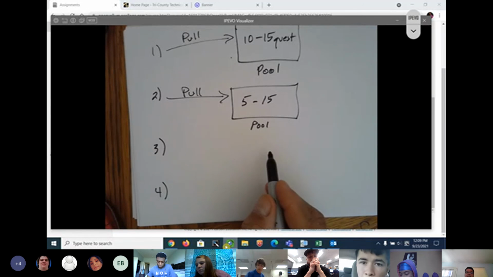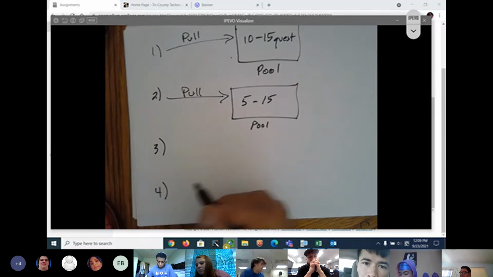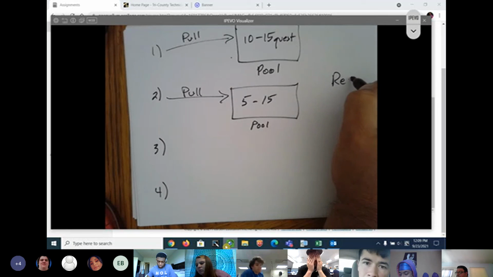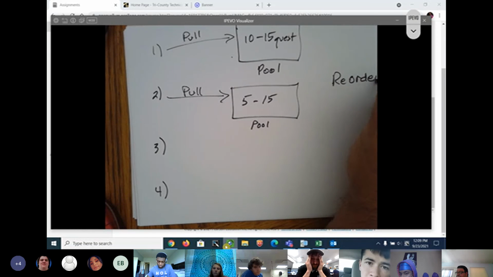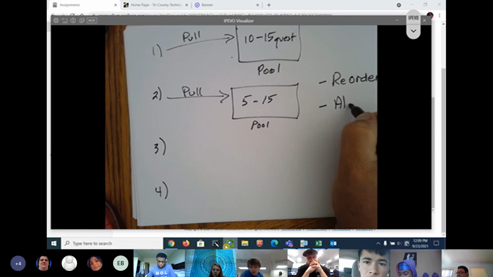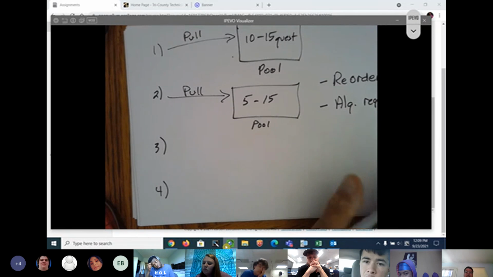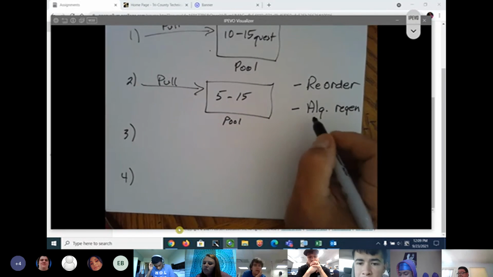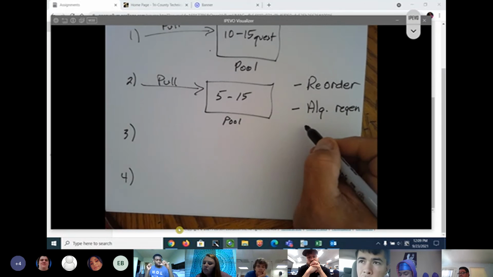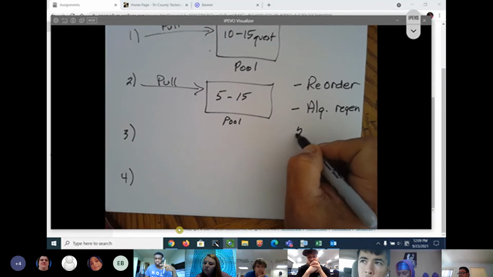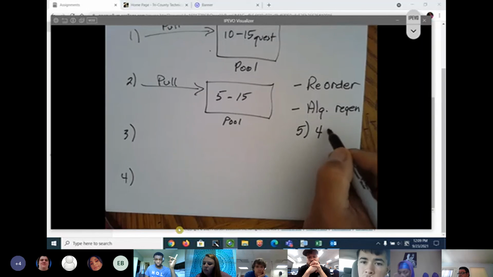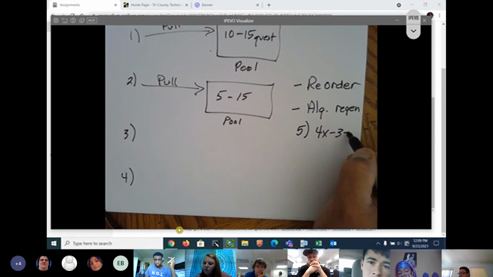Each one. Also, I reorder on each attempt, and I algorithmically generate. What does that mean? Algorithmically generates means that when one test goes out, number 5 may be 4x minus 3 is equal to 7.